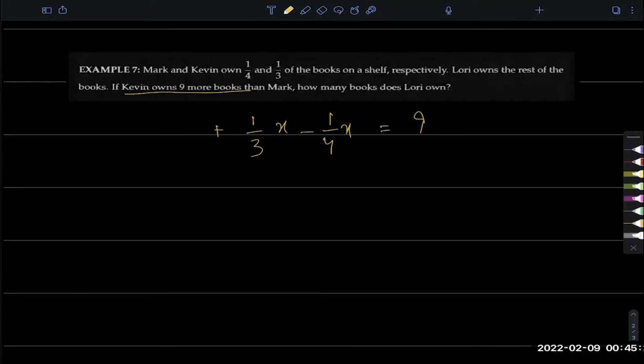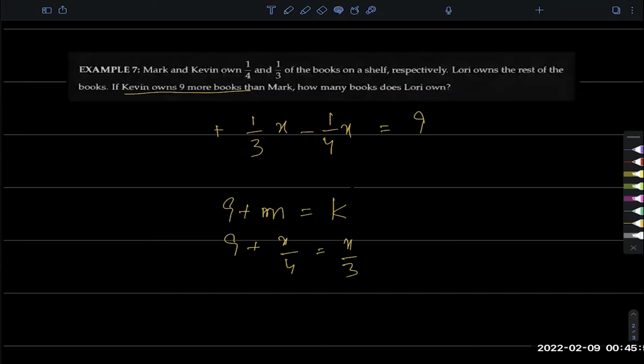Yeah, but why not just put plus 9x next to the 1/3? Where are you getting 9x from? 9 plus x. Sorry. You can. So 9 plus x would mean 9 plus Mark's books is equal to Kevin's books, which is the same as 9 plus x/4 is equal to x/3. That's the same, right?